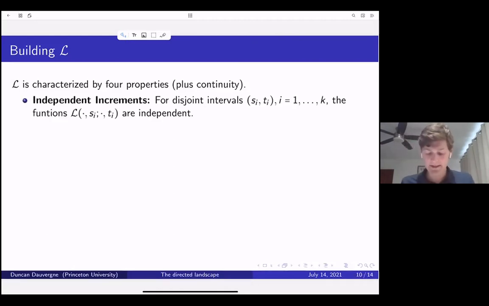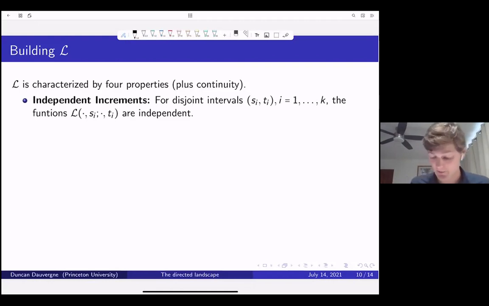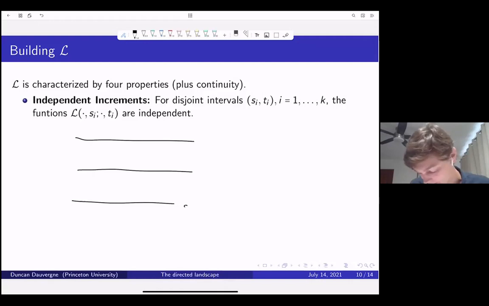So the first easy property is an independent increment property, and you can see this property coming from Brownian last passage percolation. Say I look at disjoint time intervals going from S to R and R to T, and I'm thinking about Brownian last passage.